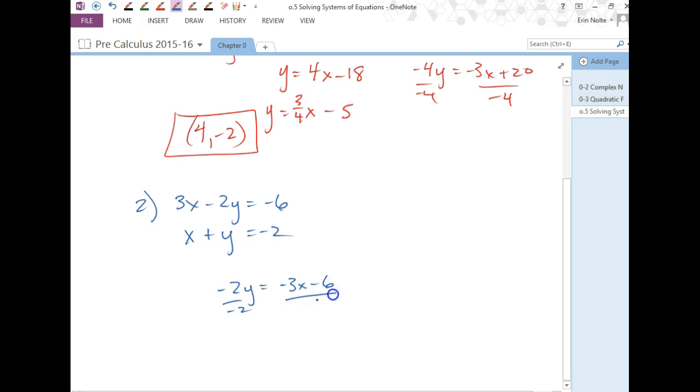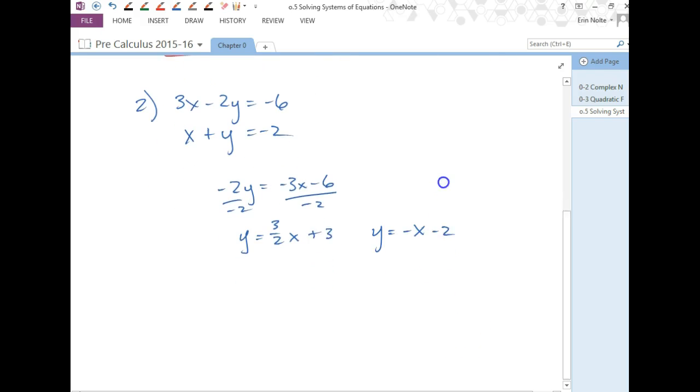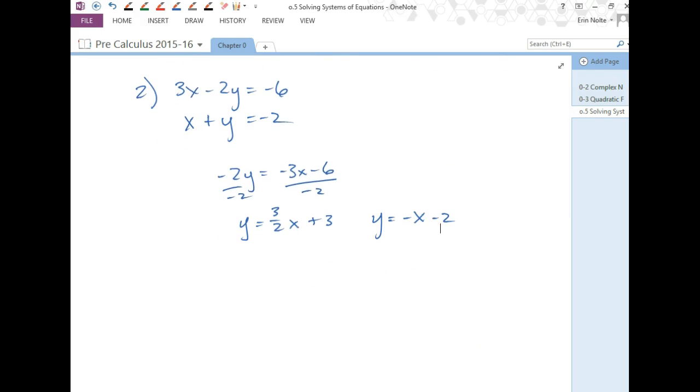Divided by negative 2. And so this equation is 3 halves x plus 3. Okay, on the second equation I have x plus y. How would I solve for y there? Subtract the x, right? Okay, so those are the 2 equations I'm working with.